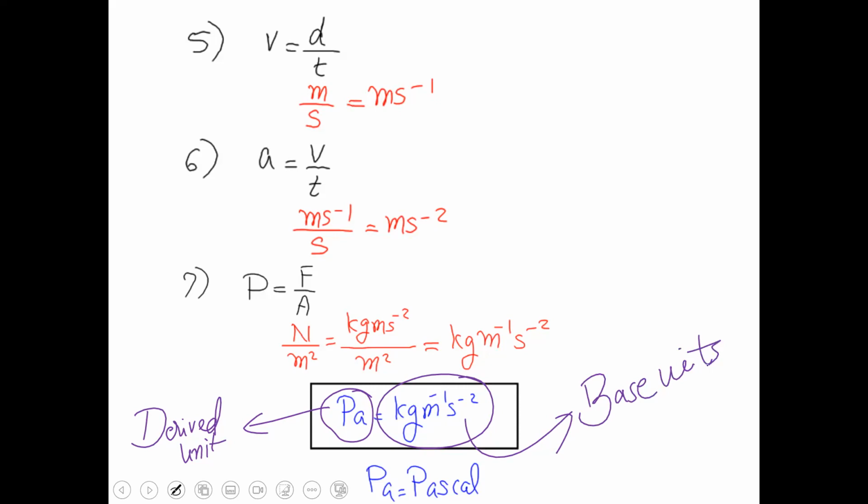So Pascal is a derived unit, but it actually means kg m minus 1 s minus 2. So whenever you talk about pressure, pressure is actually kg m minus 1 s minus 2. Whatever quantity becomes kg m minus 1 s minus 2, it will be considered as pressure.